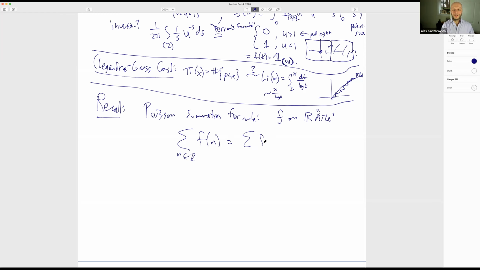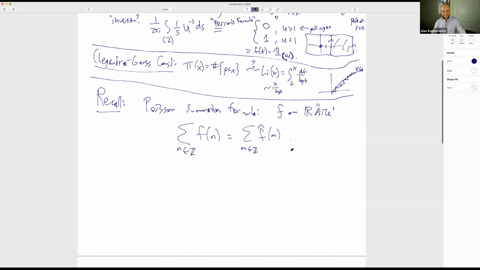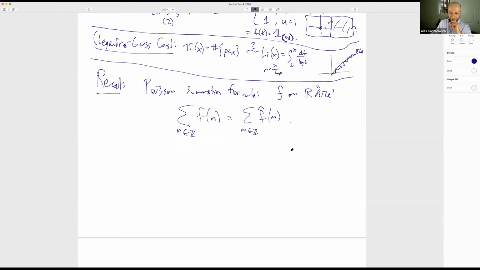Beautiful. Is there a corresponding version for the Mellin transform? There is, and there's even a better version that we're about to see. What we're about to do is give a Poisson summation formula on the primes. That's what we're trying to derive.